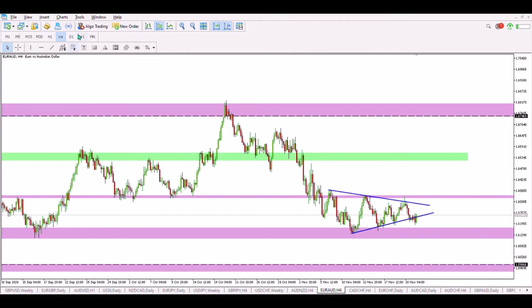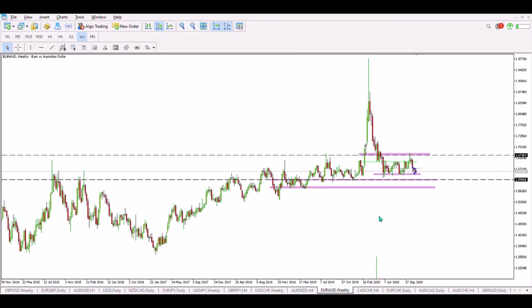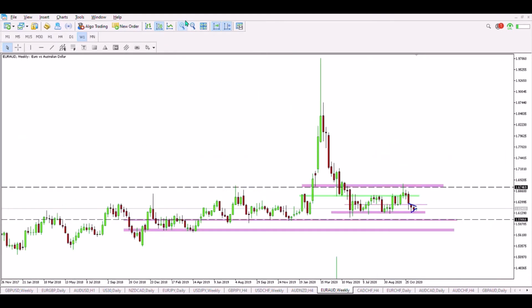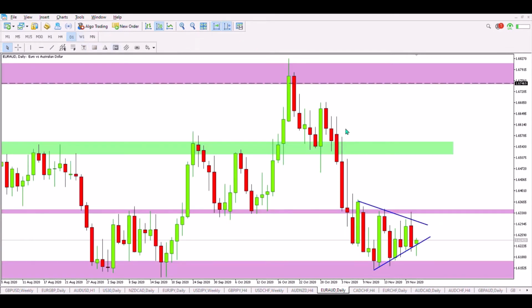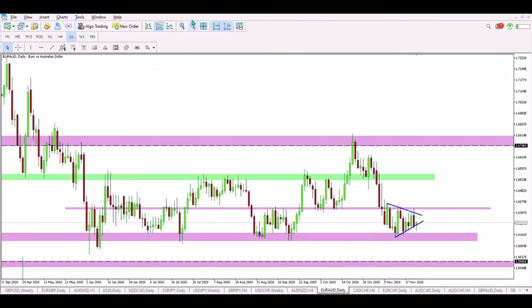Now what I see here is an uptrend. As you can see, the price is still moving pretty bullish, but we can also see a strong push to the downside, so we are in a downtrend for a few weeks.